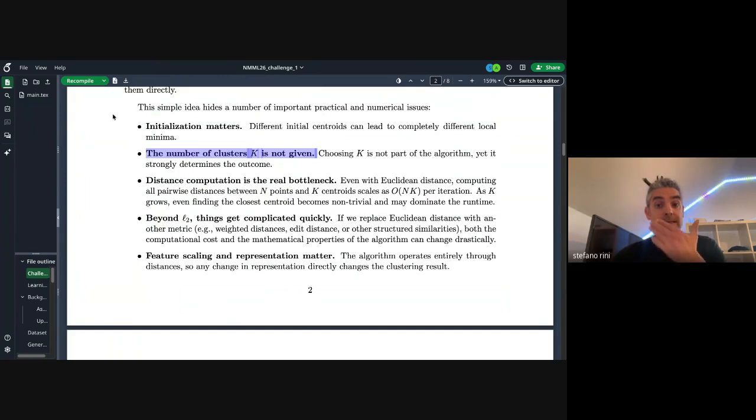The other big issue is k, the choice of k. You can imagine that if you don't have a very good choice of k, then many things can happen. You can have clusters that remain empty. You can have a true latent cluster split into two subclusters, so it is very difficult to initialize k properly.